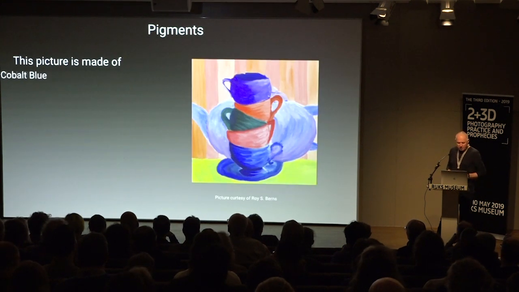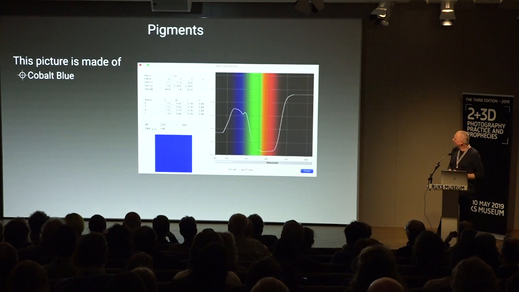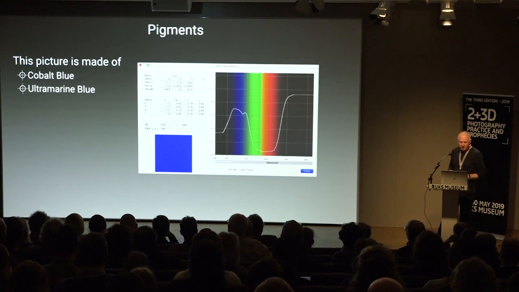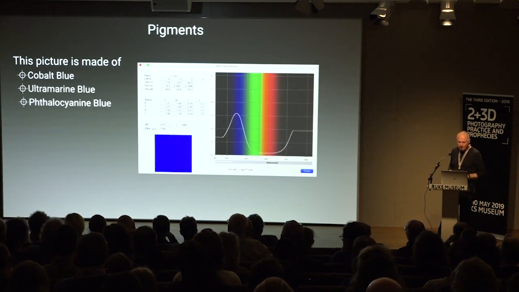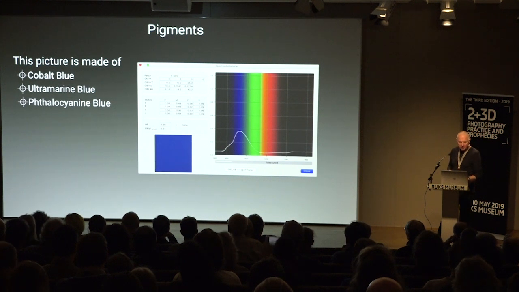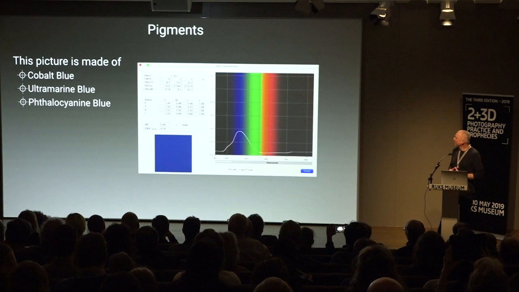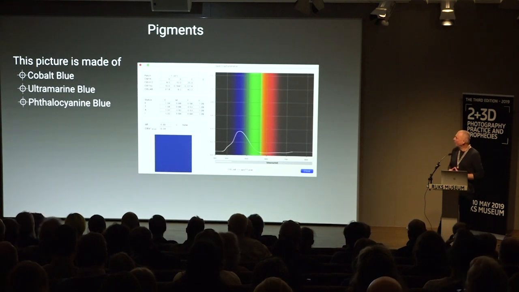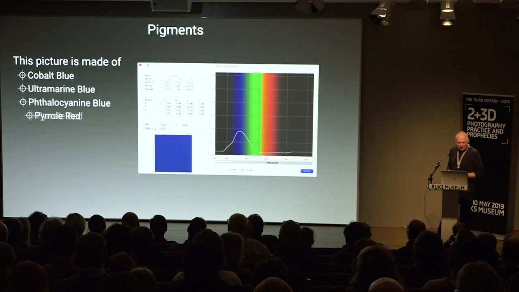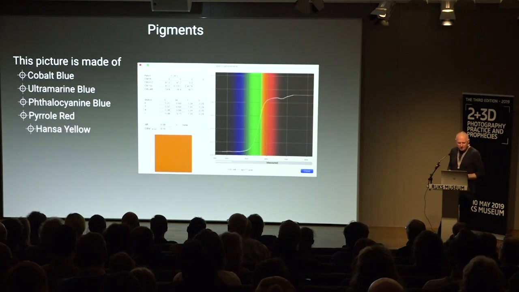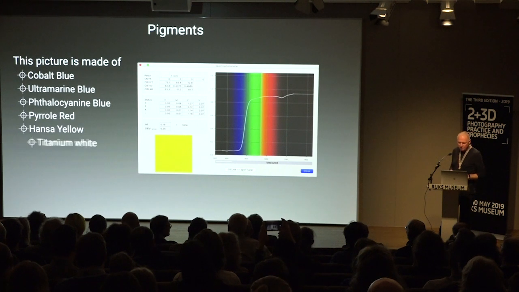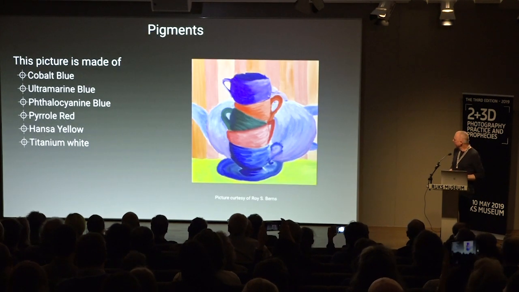So this picture is made of cobalt blue, ultramarine blue, and there are some other colors in there. I can't pronounce this one. And it often is abbreviated as phthalo, without the cyanine. Perylene red, Hansa yellow, white of course, and that's it.